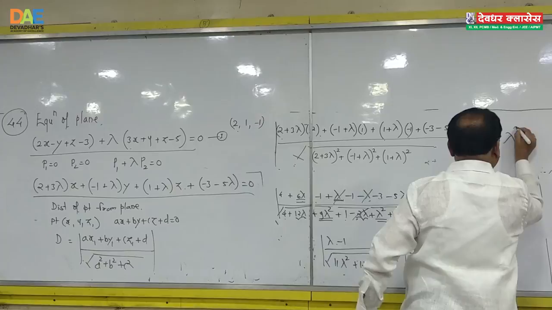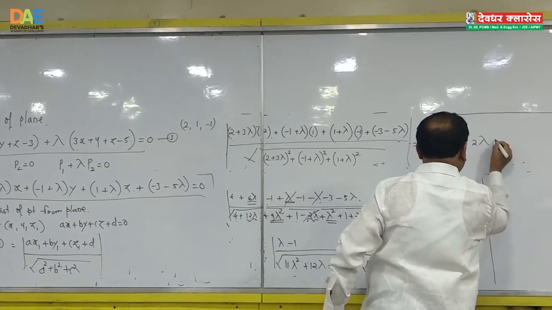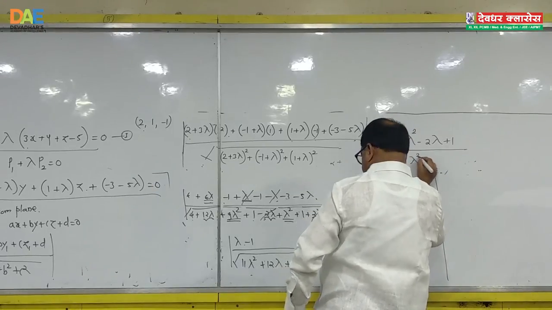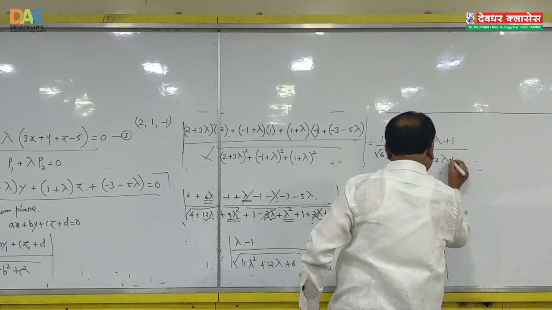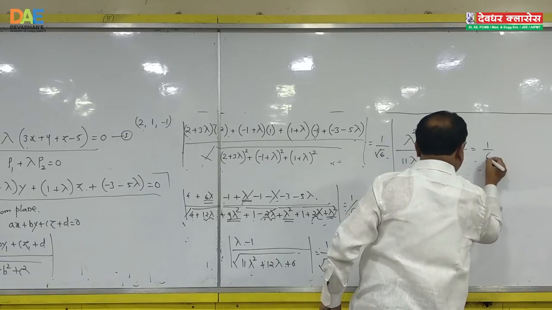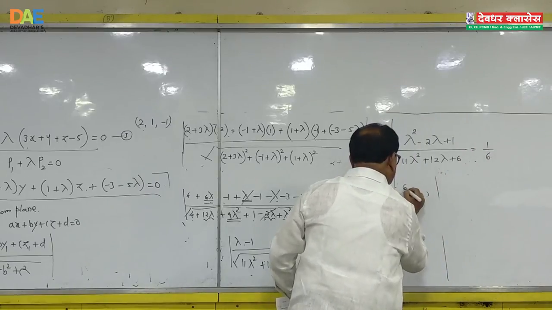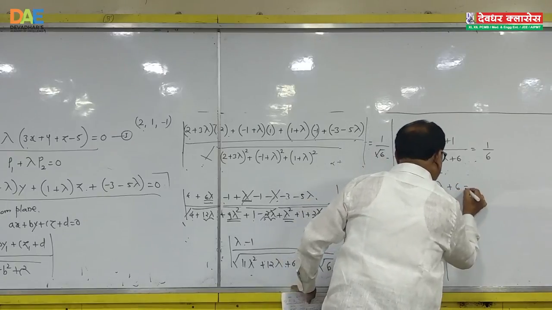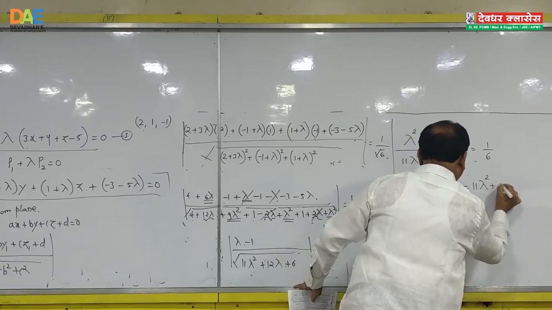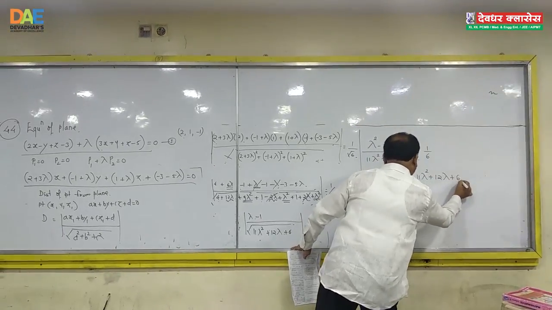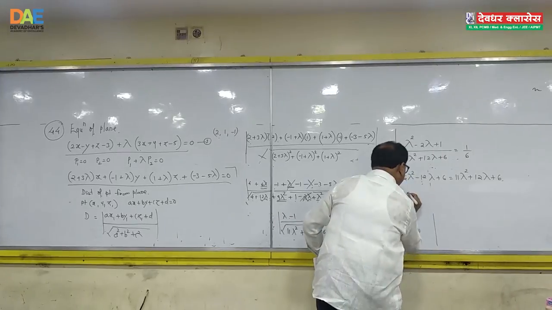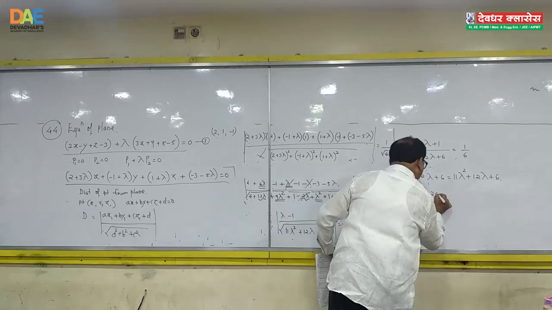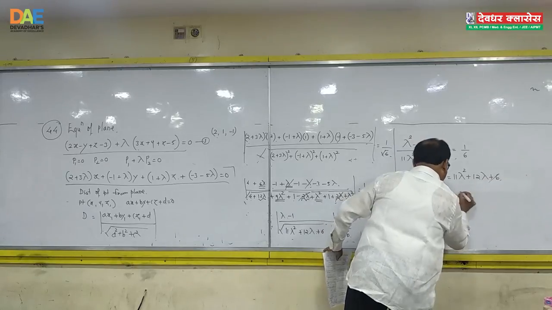here, (λ² - 2λ + 1) upon (11λ² + 12λ + 6) is equal to 1 by 6. Therefore 6λ² - 12λ + 6 is equal to 11λ² + 12λ + 6. Transfer to this side: 5λ² + 24λ, 6 cancels, is equal to 0.